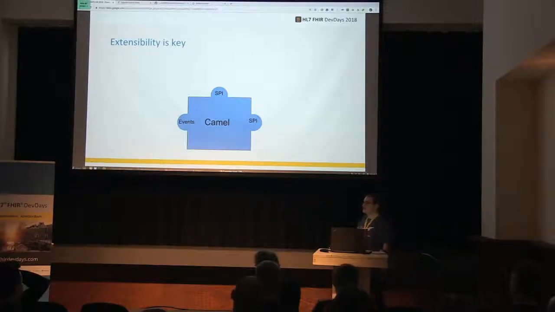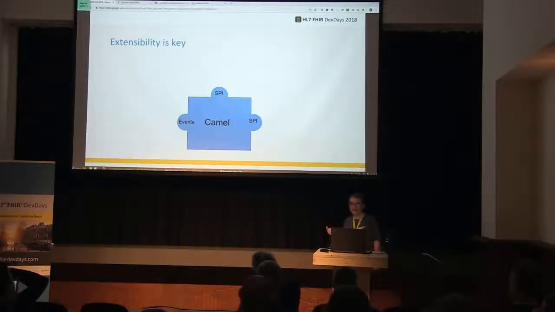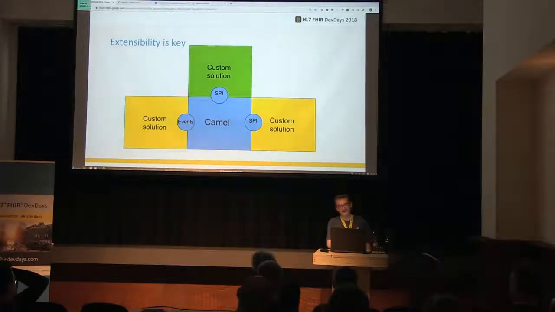And then you get into sort of a corner case, and then your framework doesn't support it, and then you implement this hacky solution, or you drop the framework altogether. In integration, that happens all the time, right? So Camel's really extensible. So we do that through SPIs that you can implement, or events that you can listen to, and then you have your custom solution.